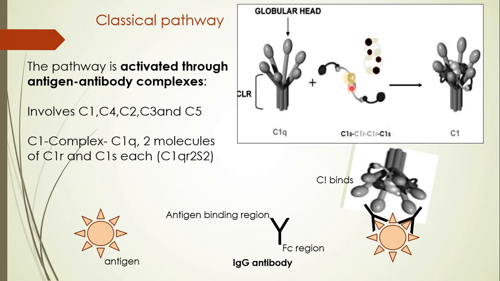Here you can see two spheres which are grey in color and two in dark color, indicating two different molecules. This is the first molecule of C1s, this is the second molecule of C1s. In the same way, this is the first molecule of C1r and this is the second molecule of C1r.